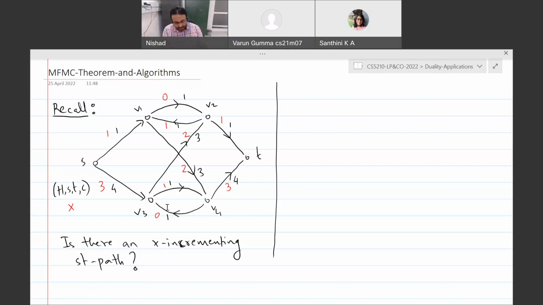All right. So in the last lecture, we discussed the Ford-Fulkerson algorithm. And one of the questions that we ended at is how do we find an X incrementing ST path?